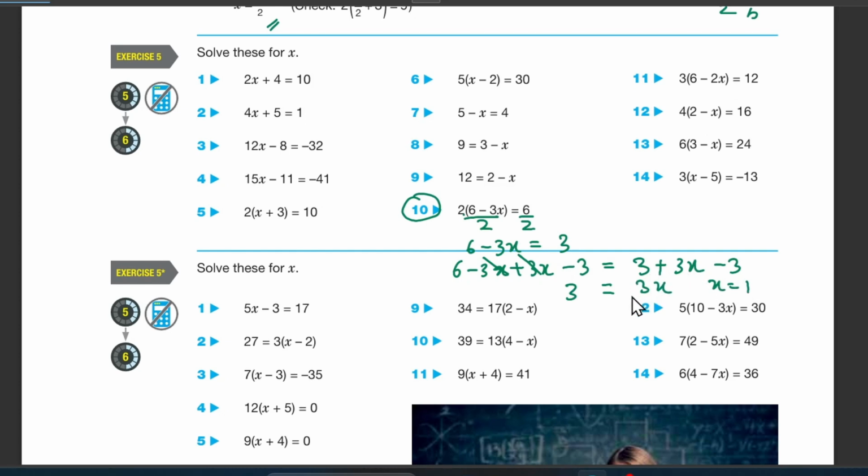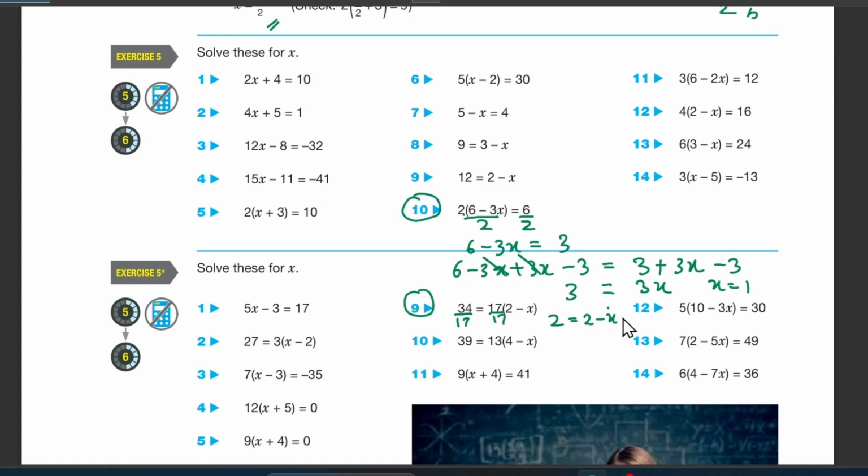Okay, and I'll also do the ninth one. So the first thing to do is getting rid of the 70. So I divide by 70 on both sides. So now I get 2 equals 2 minus x. So I take this minus x to the other side.